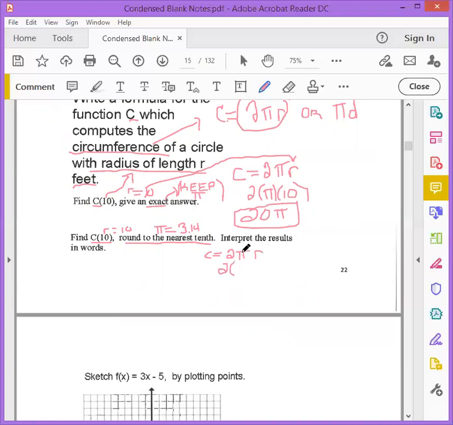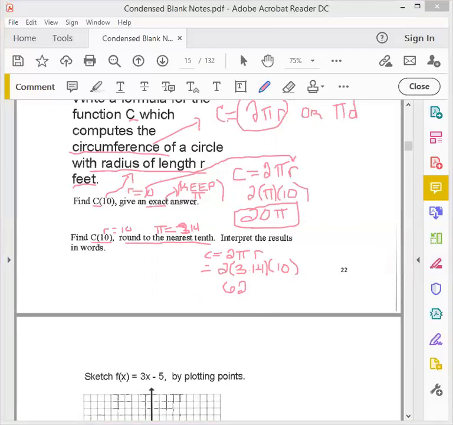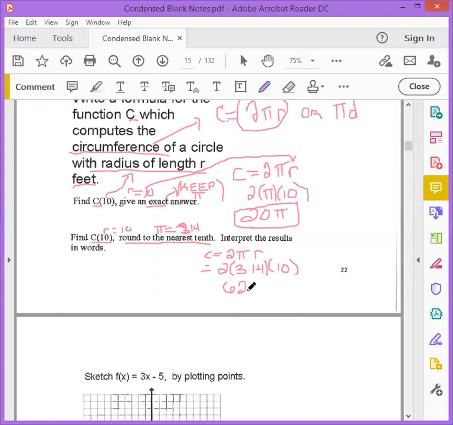We have 2, and then for pi, we're substituting 3.14. And then our radius is 10. So we're going to multiply these three terms together. 2 times 3.14 times 10, and we're rounding to the nearest tenth. You should get 62.8 feet.